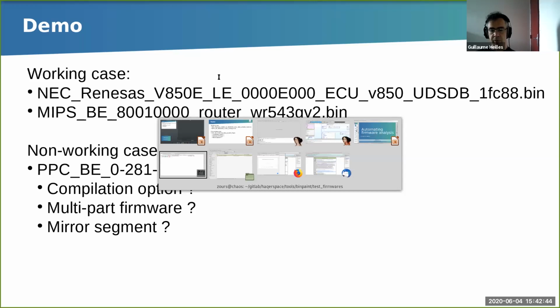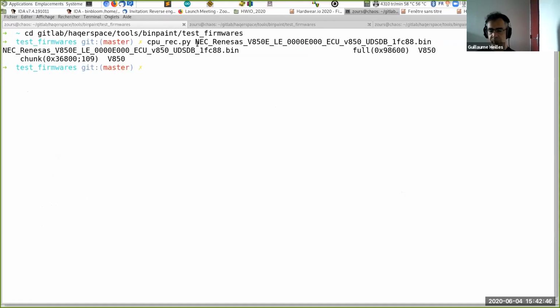I will just do a small demo right now for a NEC Renesas V850 E2 firmware I got from friends. You can see that cpu_rec is making an educated guess. I mean, it's correct. So you can just start IDA and say, okay, we'll just look at this firmware right now.